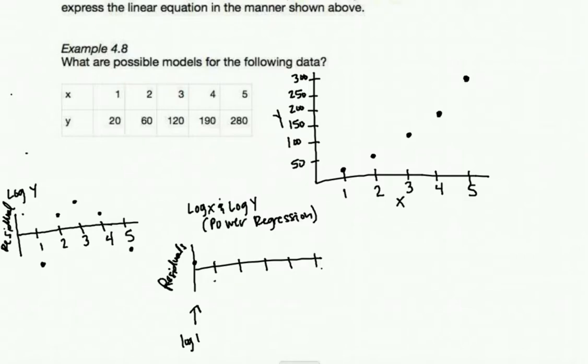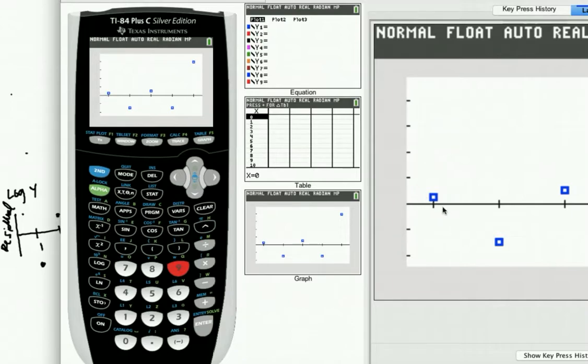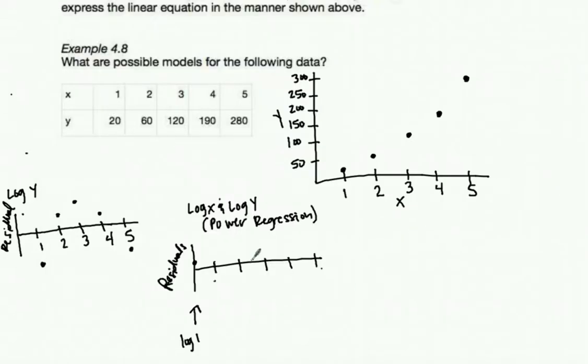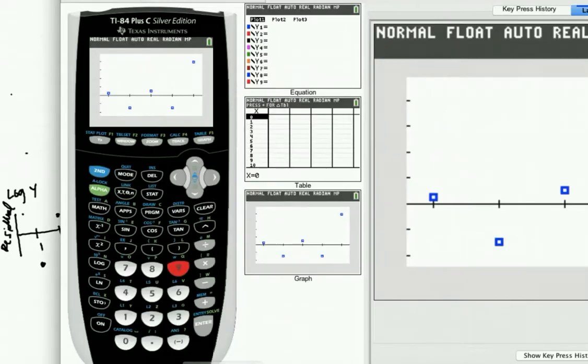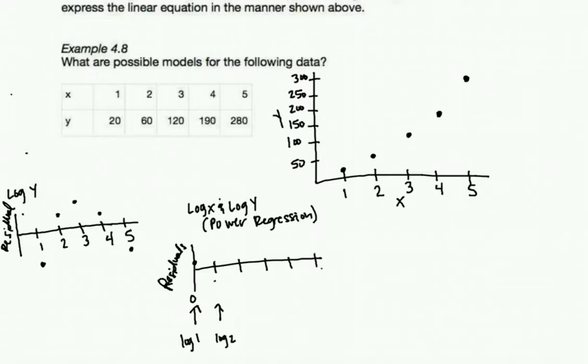And the reason that your calculator recognizes it, doesn't put it on the x-axis, is because this is still 1, this is still 2, this is still 3 in your calculator's mind. All right, now we're going to do this one as log 2. This was 0. This is going to be down here, so I'm going to go ahead and put that here.